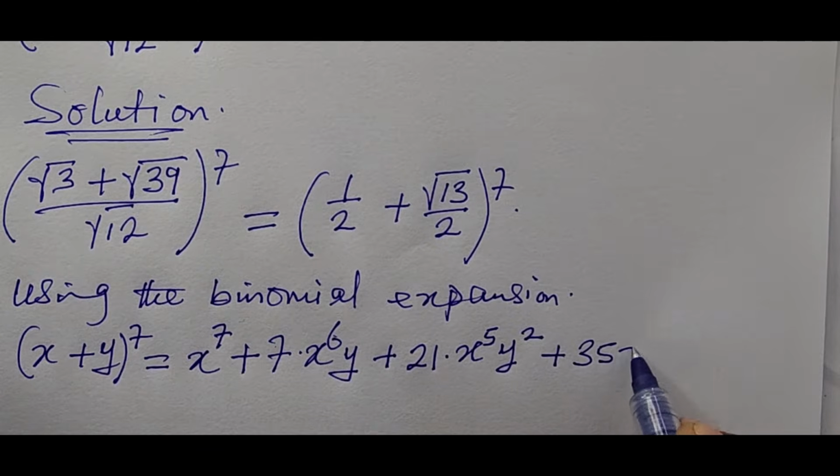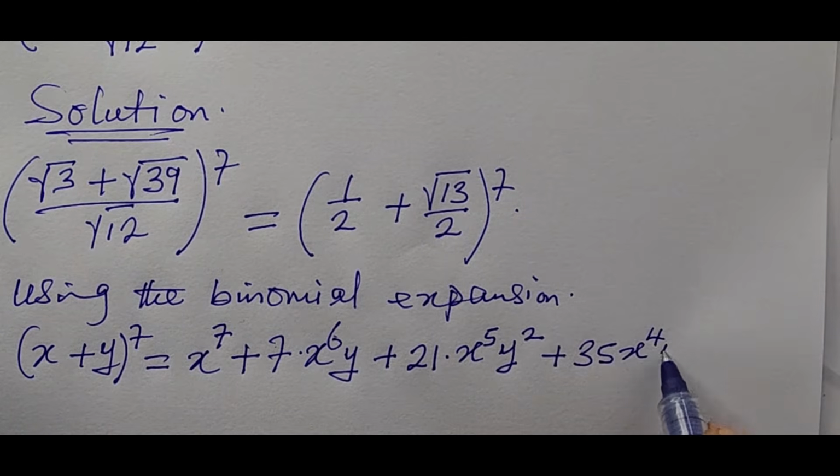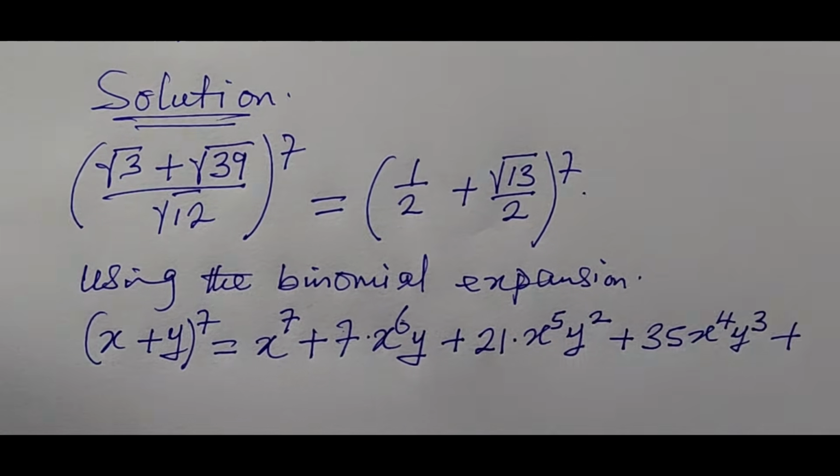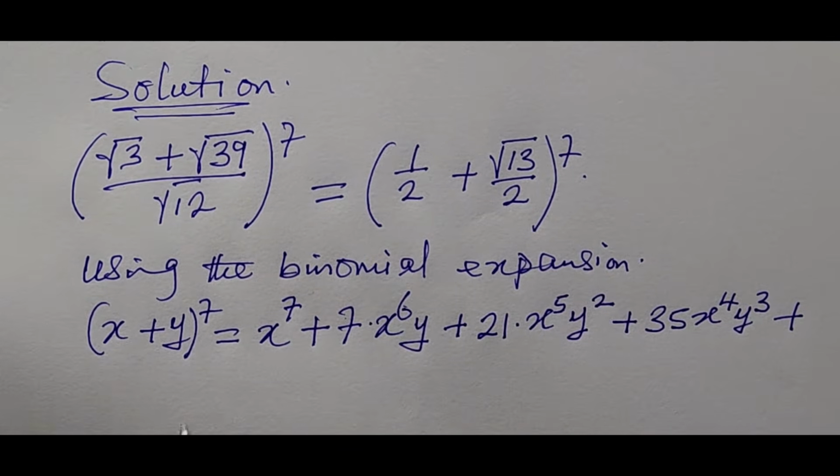So we're going to have 35 x to the power of 4, y to the power of 3, then plus the next coefficient, which is still going to give us 35.